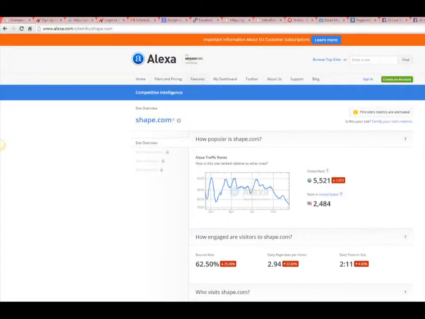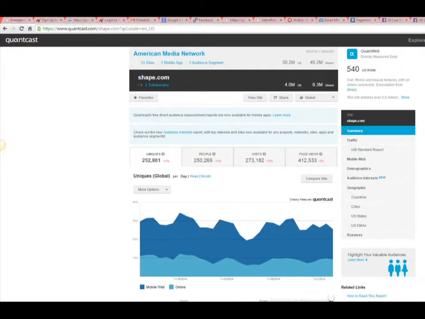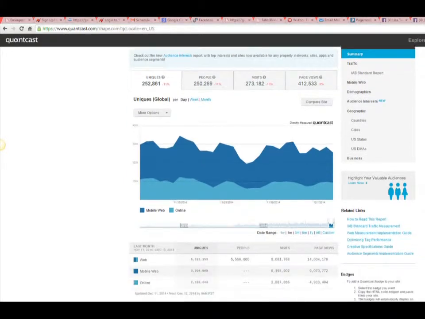Okay, so one of the websites that I want to show you is a website called Quantcast.com. Now with Quantcast, let's take an example: say I'm in the health and wellness industry and I want to target women, and one of the magazines that they are into is probably Shape magazine. So I typed in Shape magazine or shape.com, and this is what came up.